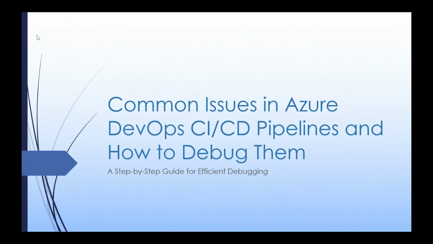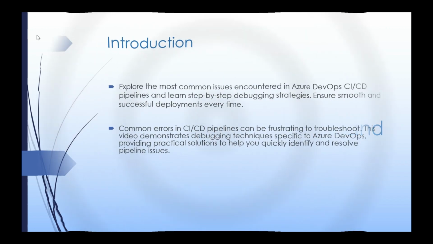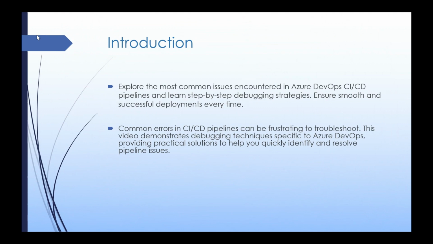In this video, we are going to discuss the common issues and errors we get while working with Azure DevOps CI/CD pipelines. We will also see many types of errors that we generally get, how we can debug them, and what steps we can take to fix those errors, so that we can make our Azure DevOps pipelines efficient and we don't get those issues in future.